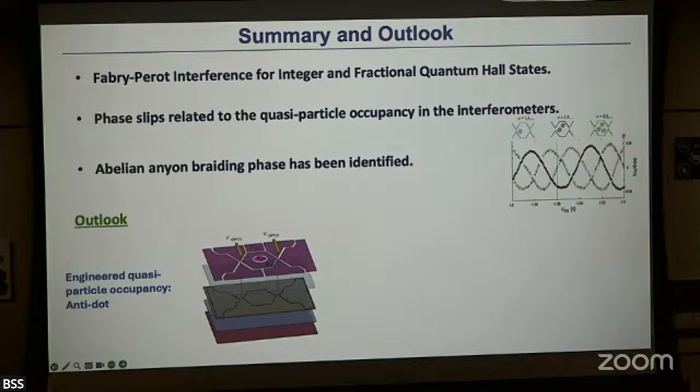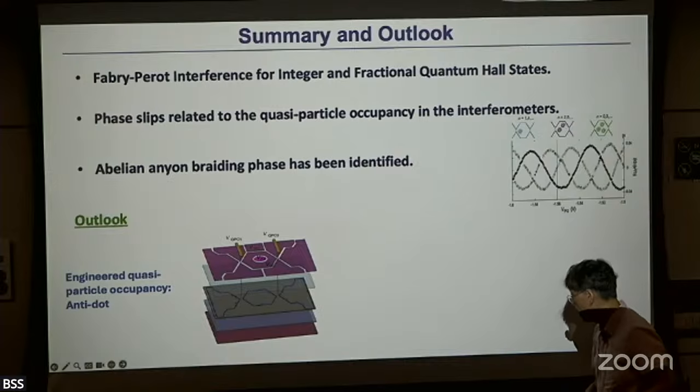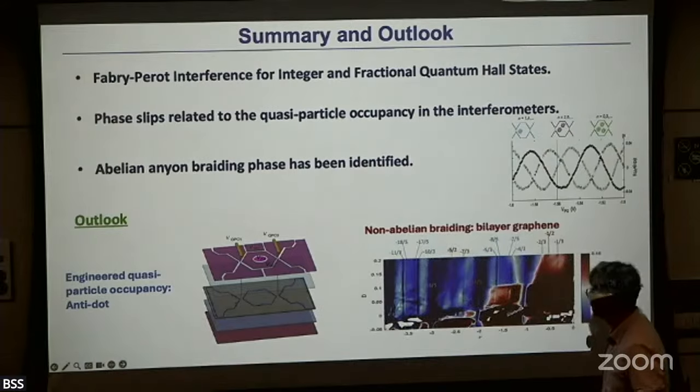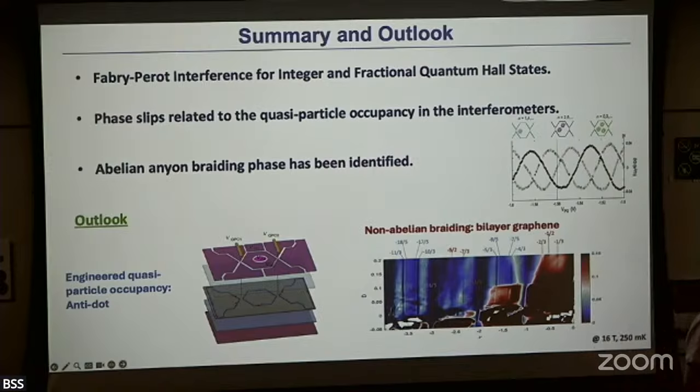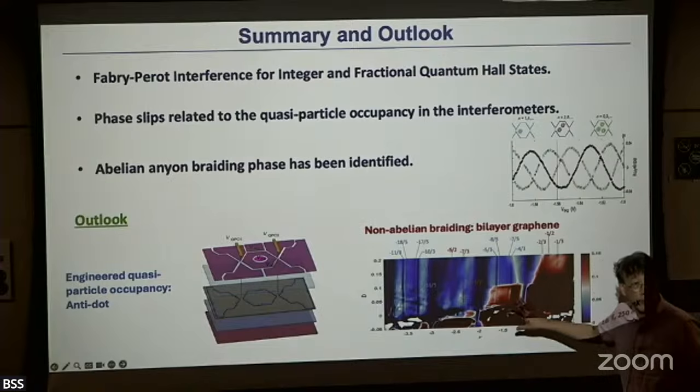And what else? Of course, with at least a billion anyons, you start to see the phase statistics. The next thing one can do is go for non-abelian anyons in graphene. As I said, the even denominator state in graphene is much stronger than in gallium arsenide. With, say, a 10 Tesla magnetic field, you can get rather robust even denominator quantum states put into the interferometry.